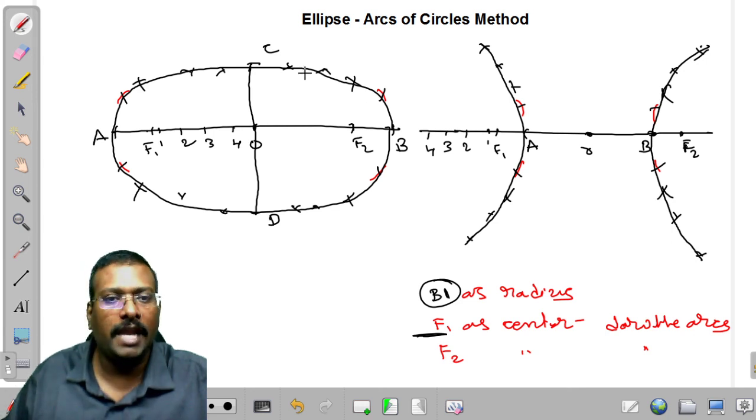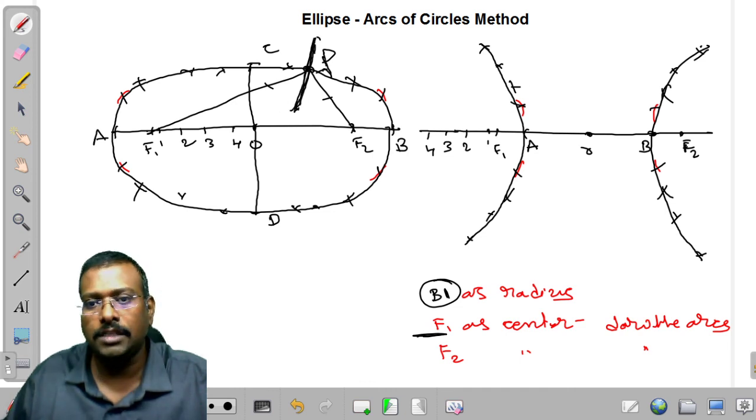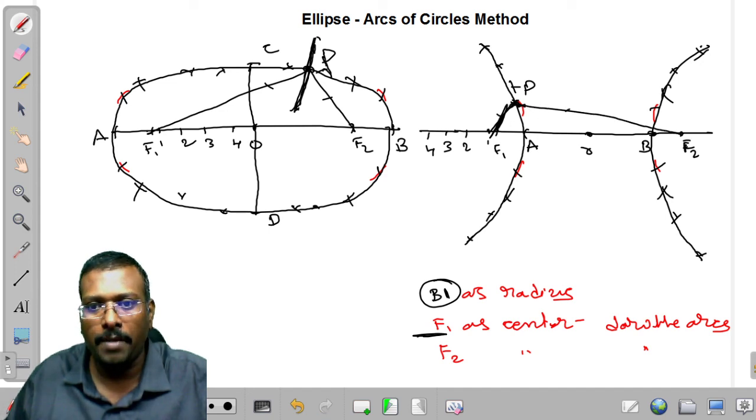Now if you consider a point P here, join PF1, PF2, and bisect it. In the case of the hyperbola, this bisector gives the tangent.